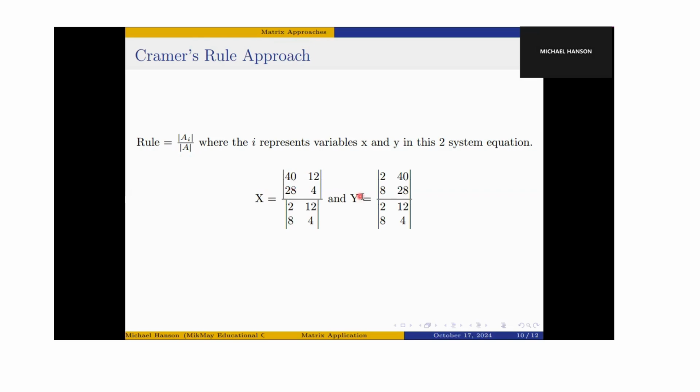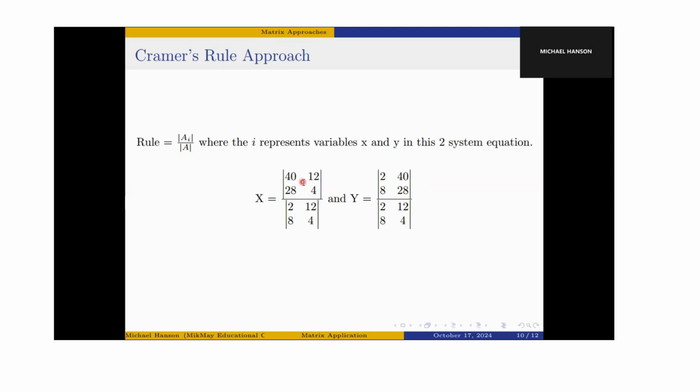Now, let's look at the variable Y also. Variable Y would also mean A subscript Y, whereby the second column, which is the Y, is replaced with the constant matrix, 40, 28, keeping the first column as it were in the original matrix.